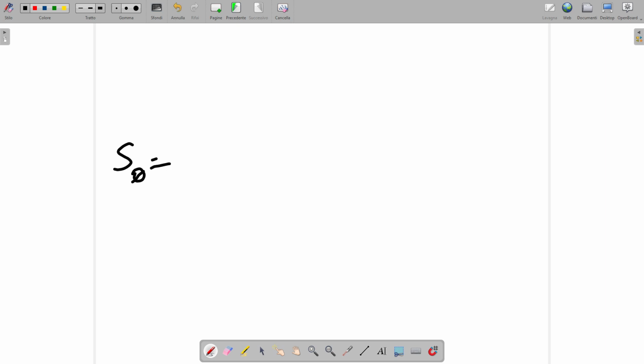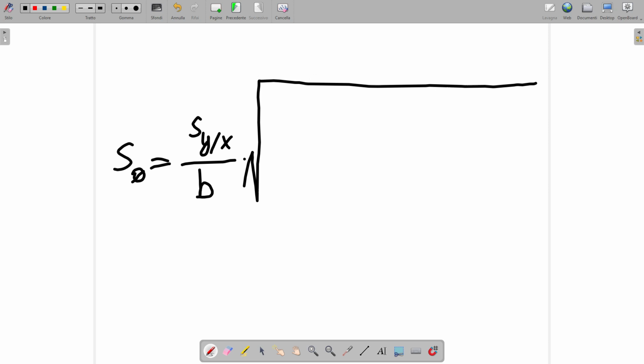S0 is equal to the ratio between the standard deviation of regression, that is the quantity that was minimized in order to calculate intercept and slope, divided by the slope and multiplied by the square root of 1 over n.